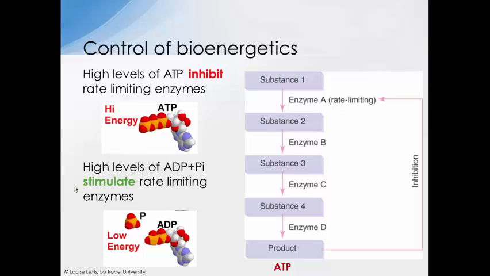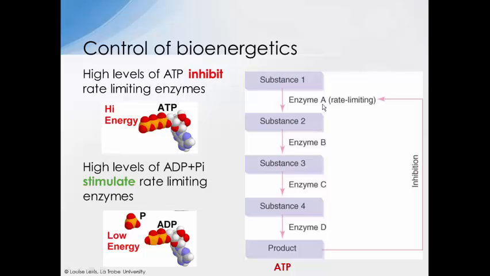If we look at stimulation of the rate-limiting enzyme, high levels of ADP and inorganic phosphate stimulate the rate-limiting enzymes. And again, this makes sense because these are the breakdown products of ATP. So if levels of ADP and inorganic phosphate are increasing, that is a trigger to the cell that there's not enough ATP there.